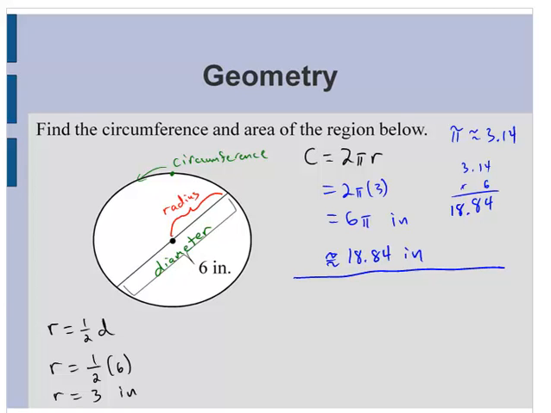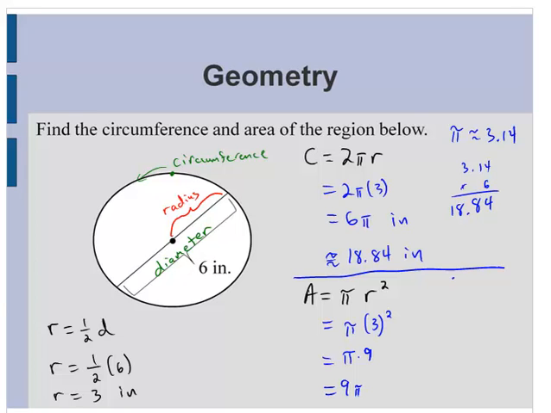We're also asked to find the area. The area is known to be pi times the square of the radius. So the area would be pi, and the radius was 3, so 3 squared, pi times 9, or 9 pi.